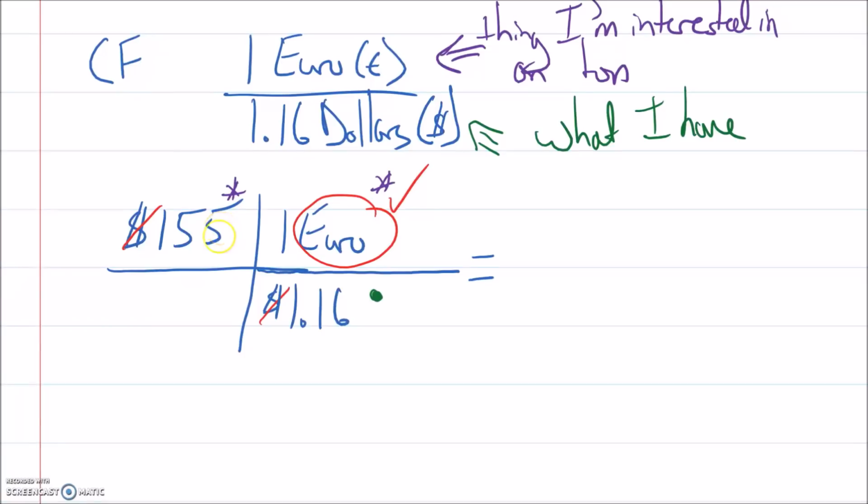So we take 155, we multiply it by €1, and then we divide by 1.16. Sorry, it should be 1.16 because we got rid of those units.